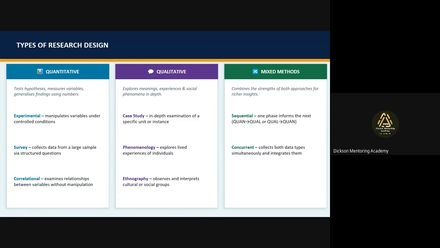Or it can be concurrent, where you collect both data types simultaneously, that is, the qualitative data and the quantitative data are collected simultaneously, and you analyze them independent of one another. So those are the types of research design. And for people in sciences, already you know that most of our research is quantitative.